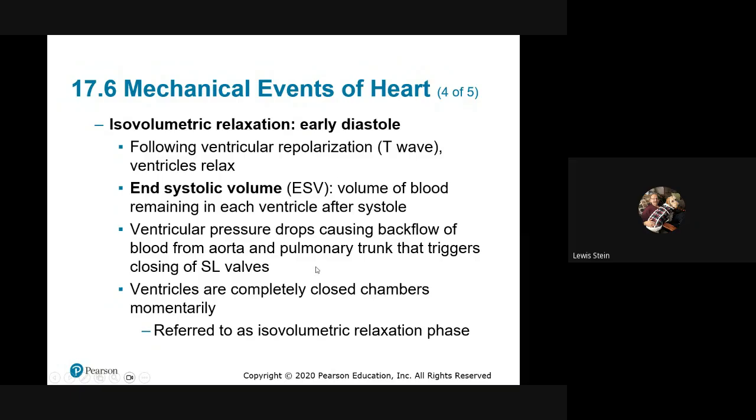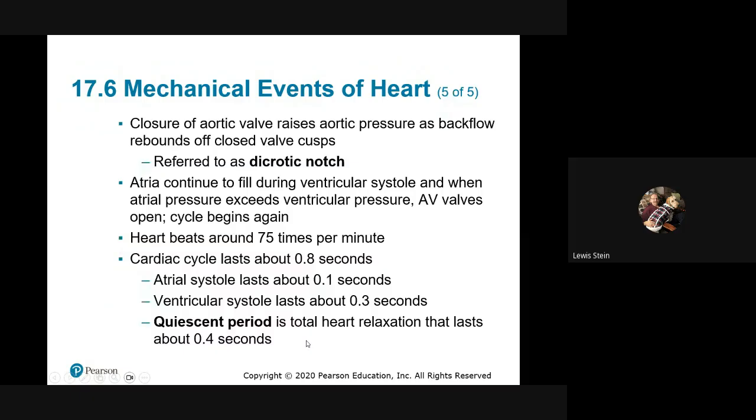As the pressure begins to drop, those big trampoline-like elastic connective tissues will rebound and create that backflow that will push the aortic and pulmonary valves closed, and now the ventricles are completely closed, and at that point they begin to relax. And eventually they continue to relax, the atrioventricular valves will open, and it will start the cycle again.